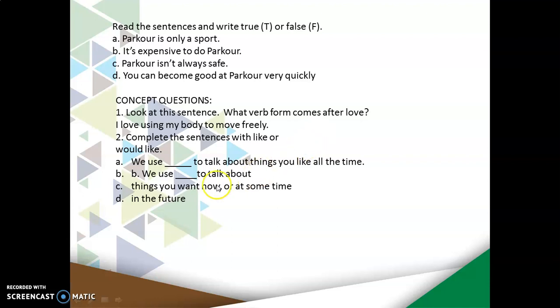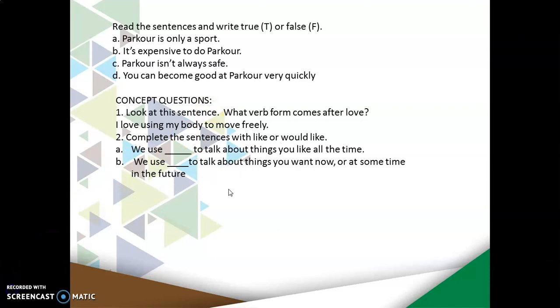In this case, we want to pay special attention to the use of like, would like, and love, as this structure can be used to verify the information inside the text. So we can underline or highlight specific verbs or structures that we want them to notice.